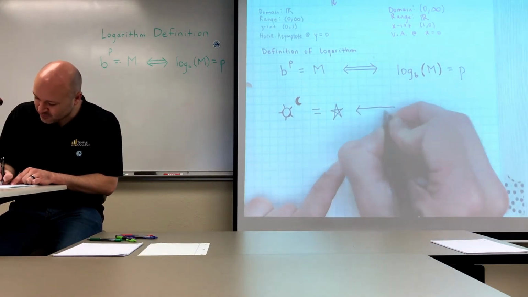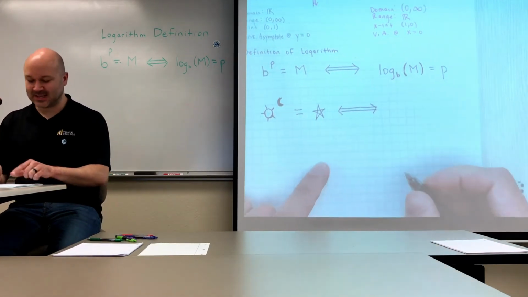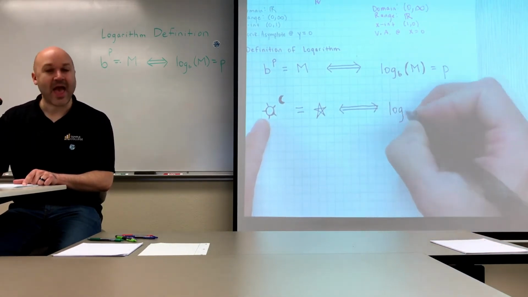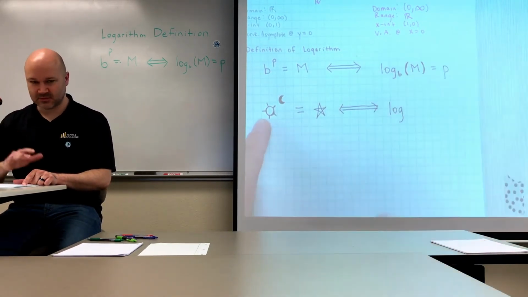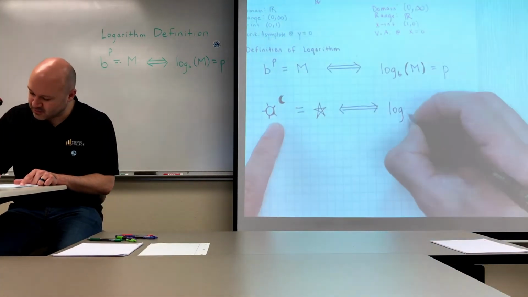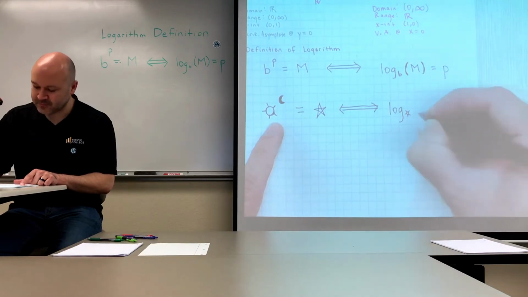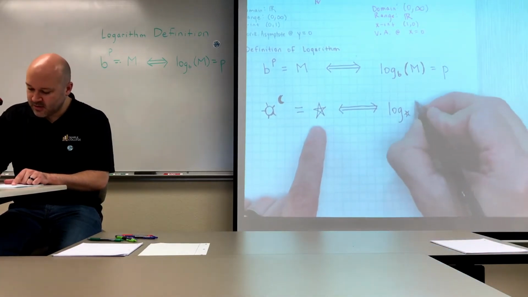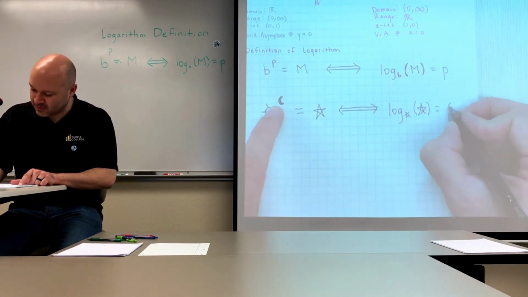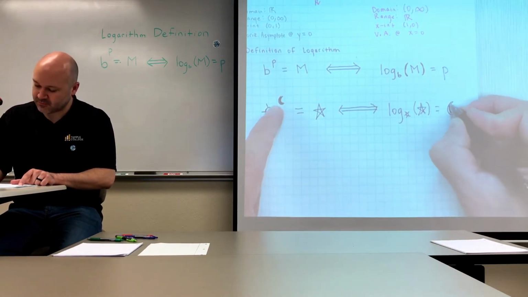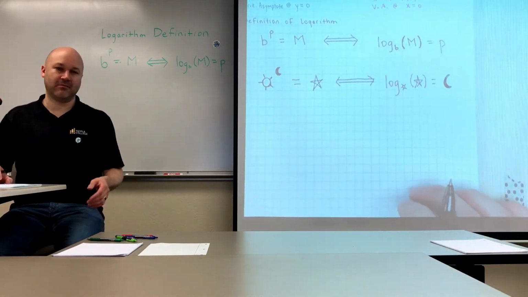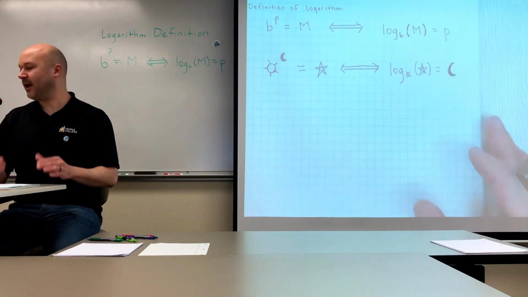Definition says that's okay. You'd say log, and then as a subscript or small script, you write the base. So my base is this sun symbol, of star, and that's equal to moon, the power.